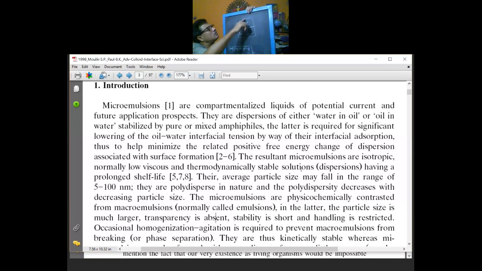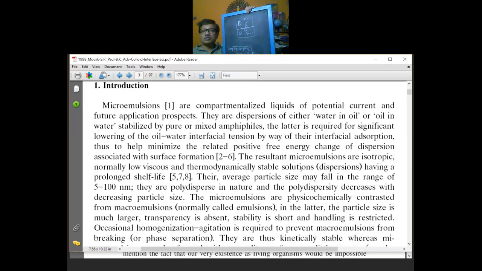On the other hand, when the surfactant molecules in the form of monomers are dispersed in oil, the hydrophilic head group will feel a repulsive force when they are in oil.